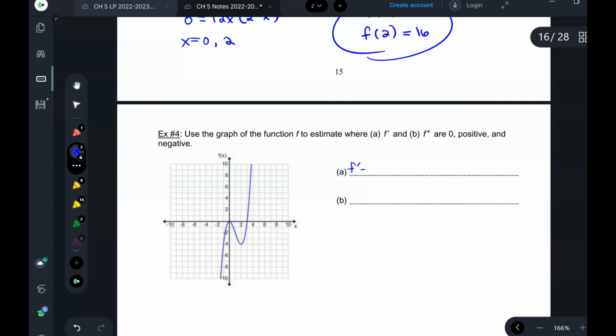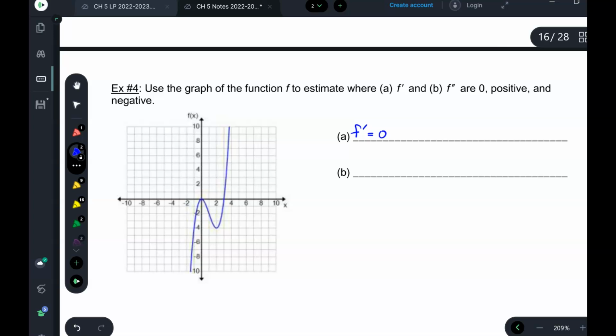The slope is... Yeah. Okay. What does f prime equal to 0 mean? It has a horizontal tangent. So where does it have horizontal tangents? Here and here. When x equals 0 and 2.